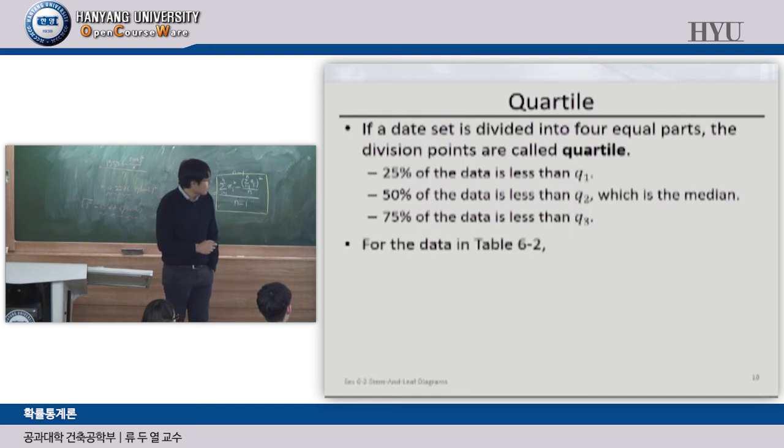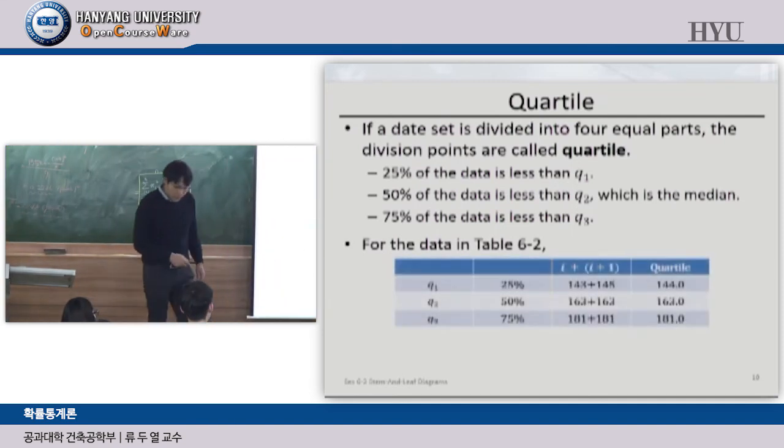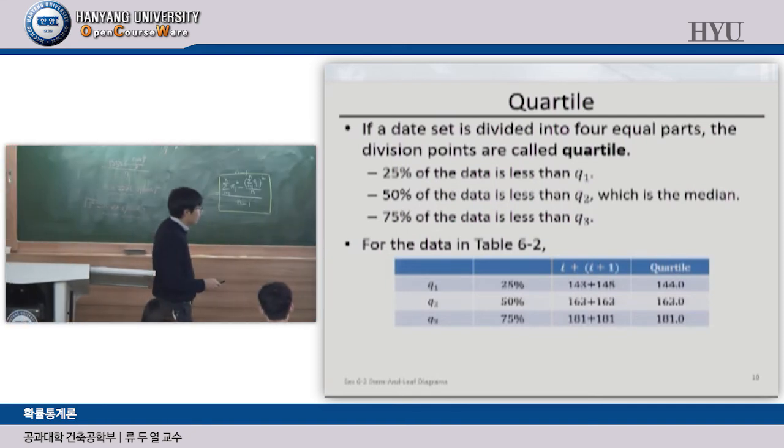Okay? So for the data in the previous table 6-2, we can have this another table. 25% of the data should be less than Q1, which means that the value of Q1 should be larger than... In the case of the previous table 6-2, we have 80 OCW specimens. Do you remember that? Please see your previous page.